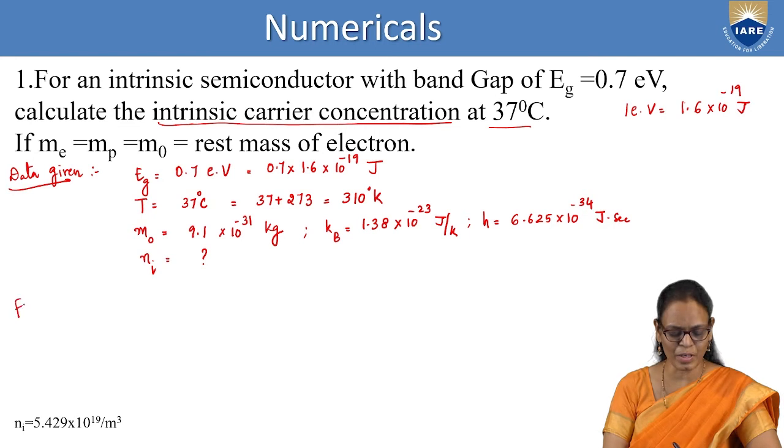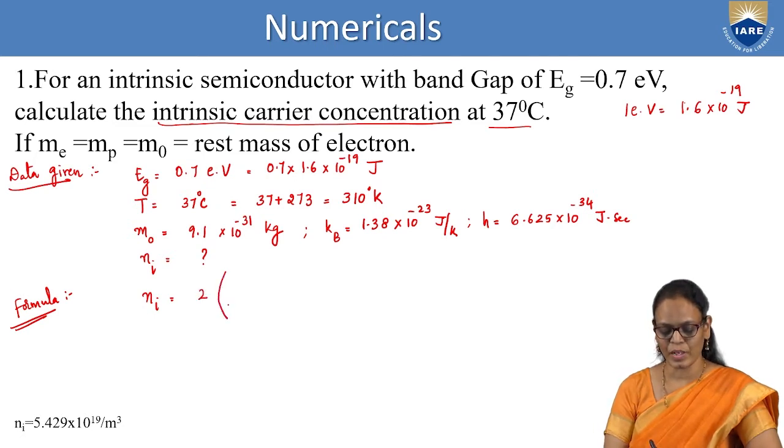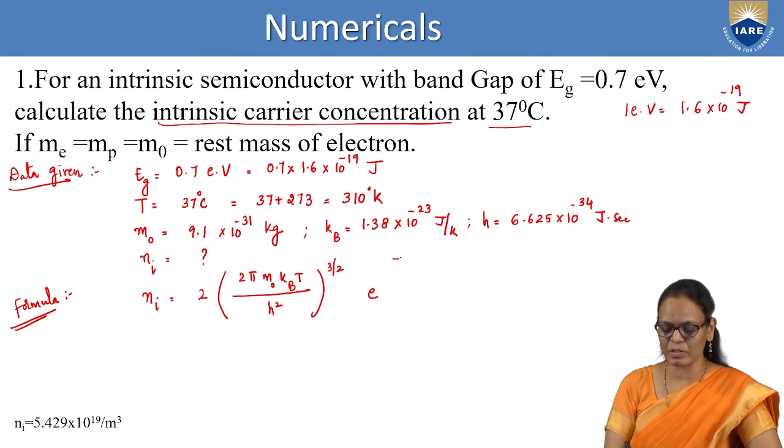Now write the formula for Ni. The formula we have discussed before, we are going to use the same. Ni is equal to 2 into (2 pi m naught kBT by h square) power 3 by 2 into e power minus Eg upon 2 kBT.